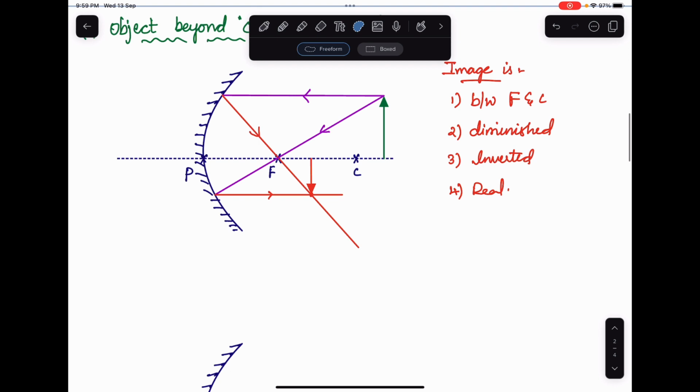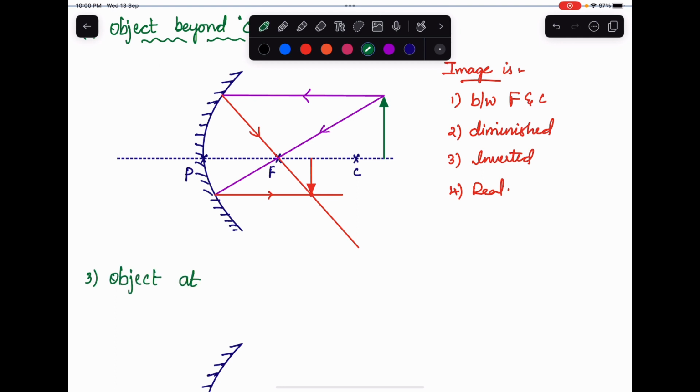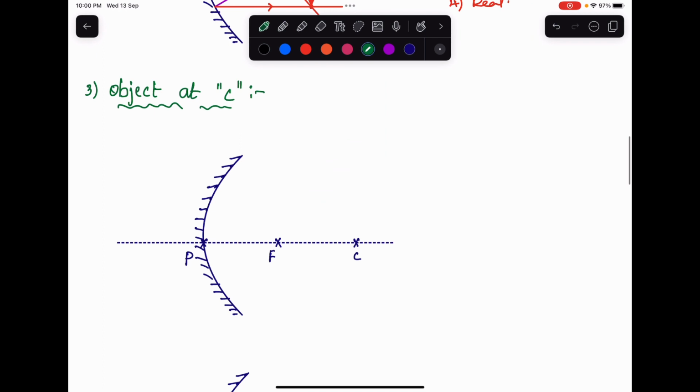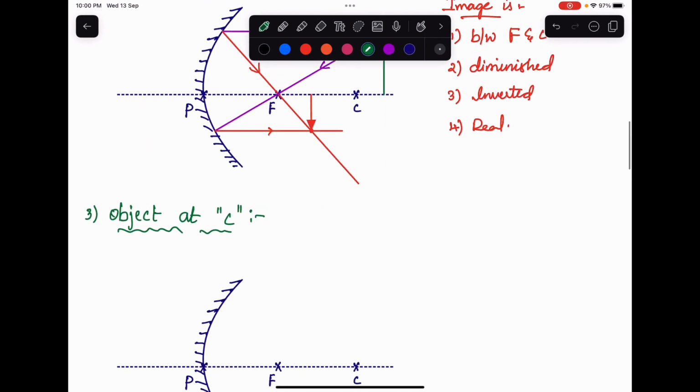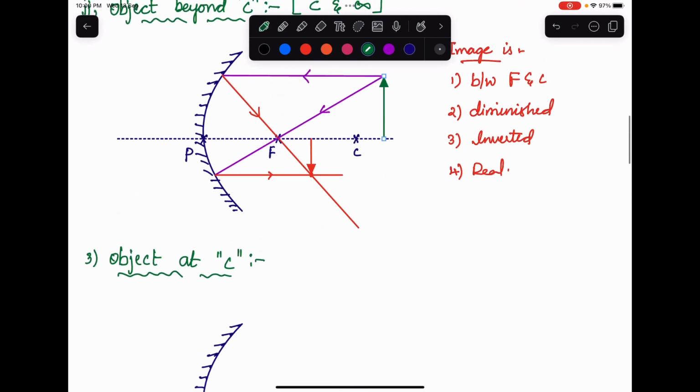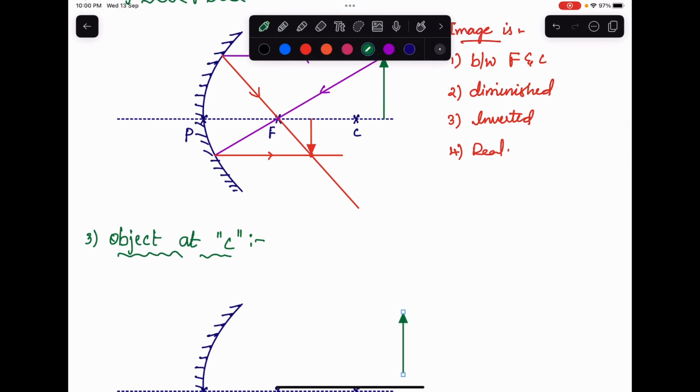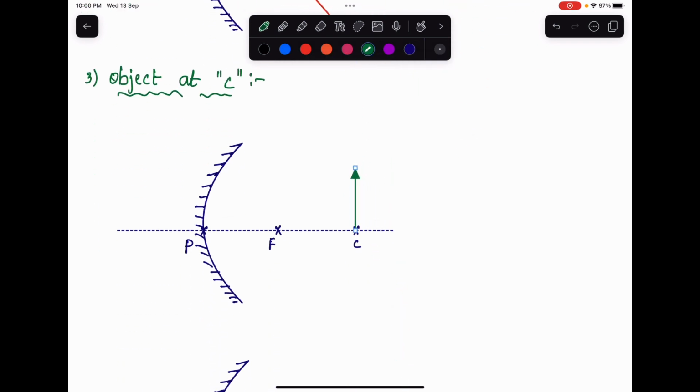Third one: an object has come a bit more close. Now the object is present at the center of curvature. So let us take the object exactly at the center of curvature like this. Clear?